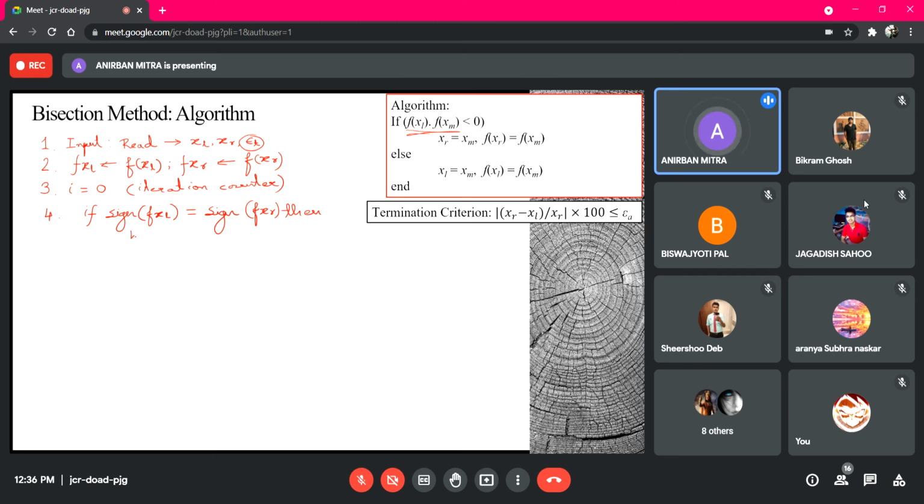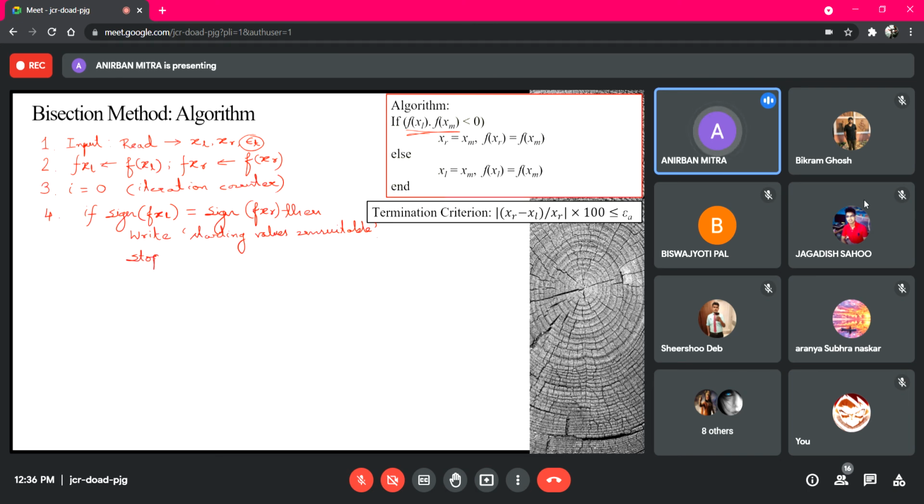So if this is true, you write starting values or initial guesses unsuitable, and then you can stop the program.